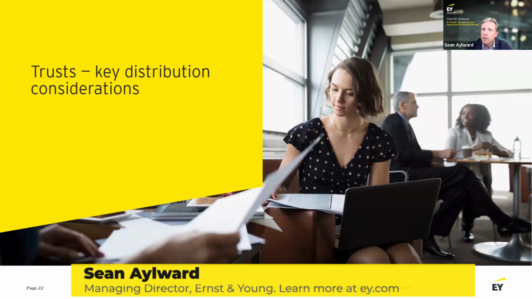So the trustees of those trusts may not be the same people that ultimately made the decision to make the distribution from the company. So there needs to be a second level of decision making by the trustee as to whether and to what extent they should distribute the funds they've received from the company out to the beneficiaries.